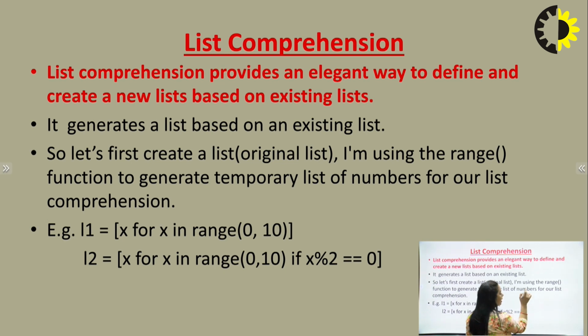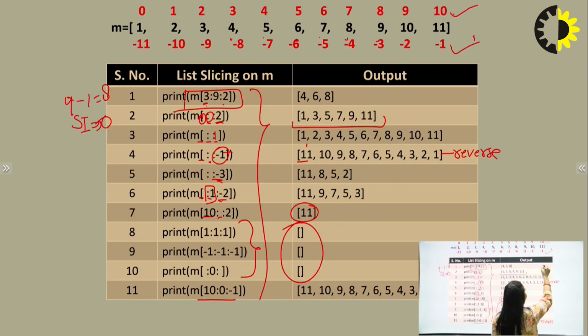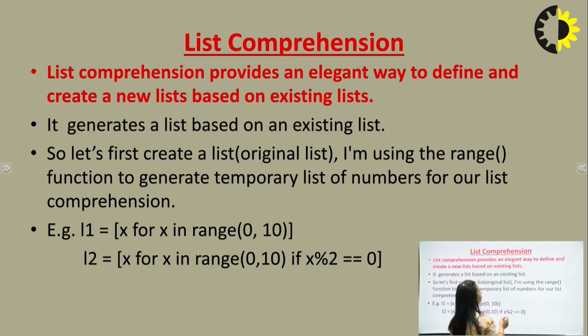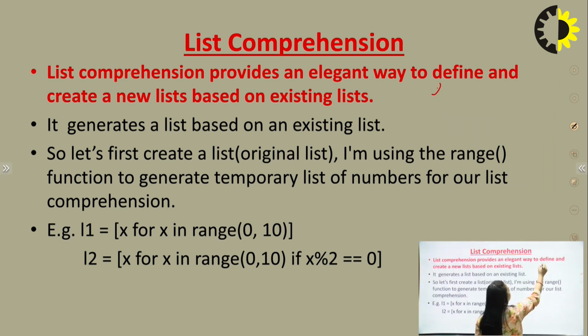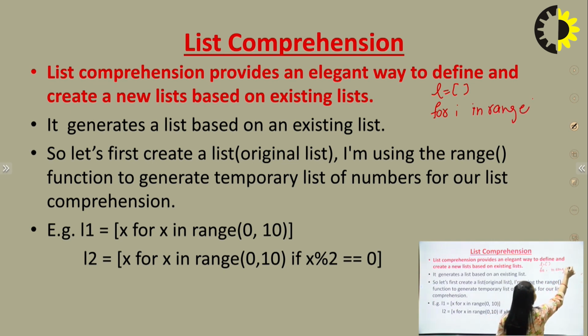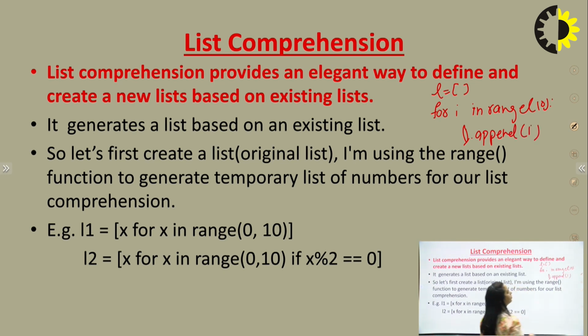I will write the previous code here. With the help of these 3 lines, I will get a list having values 0 to 10.